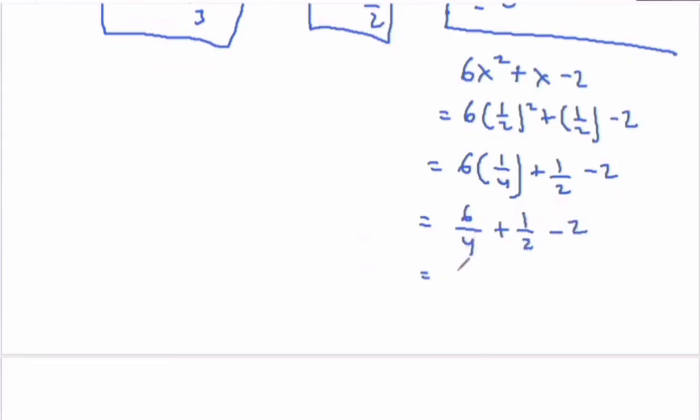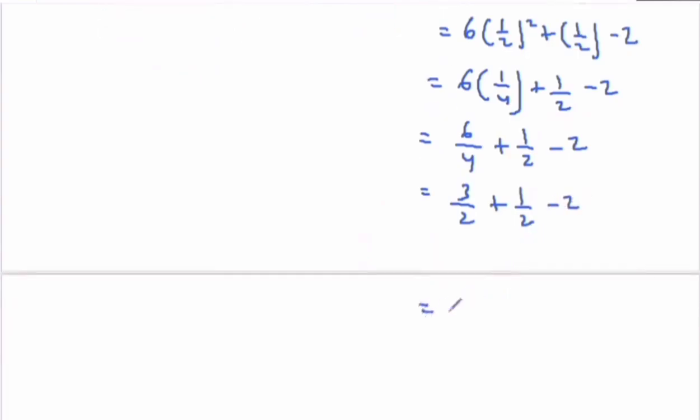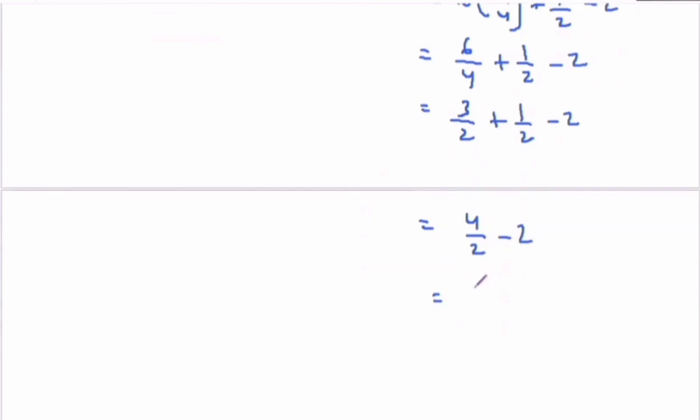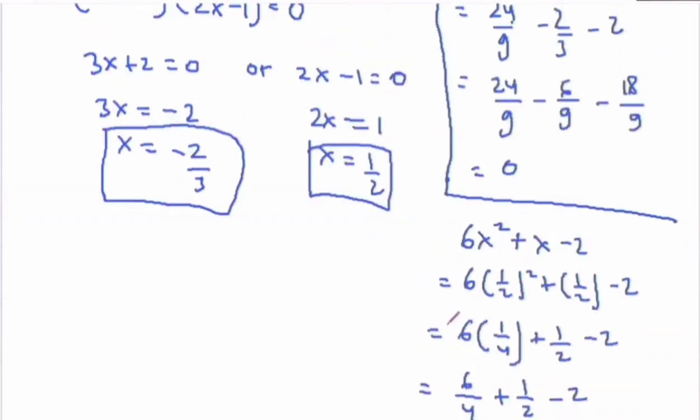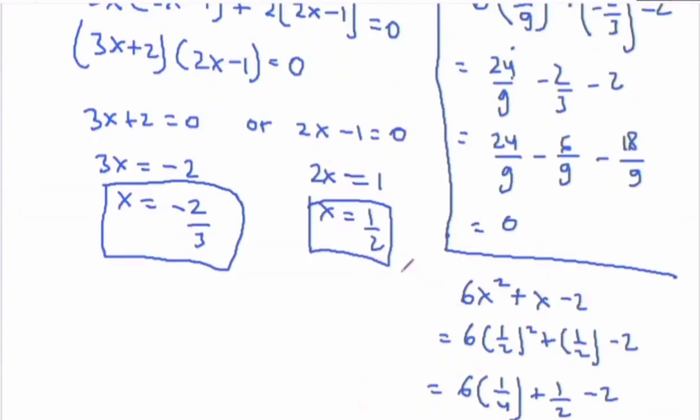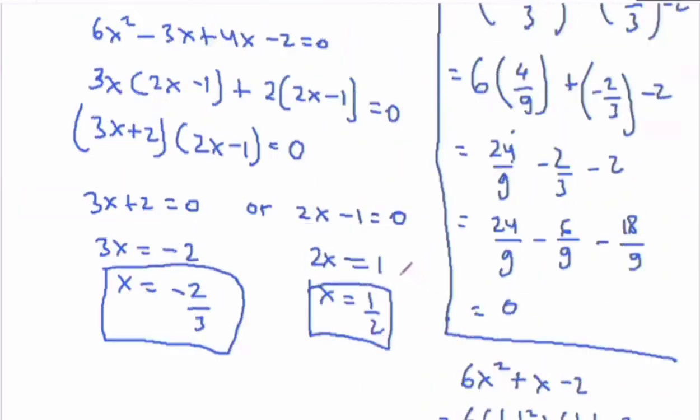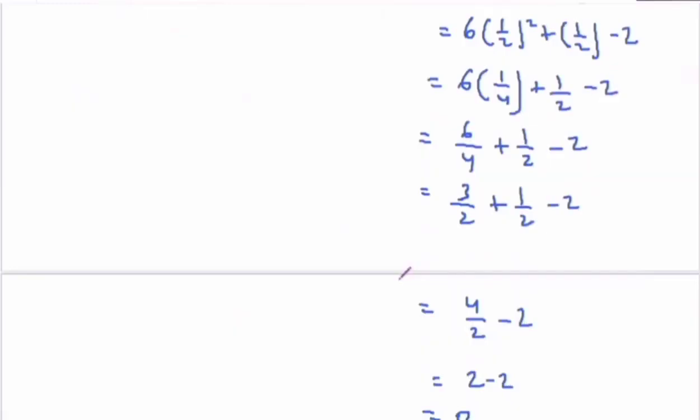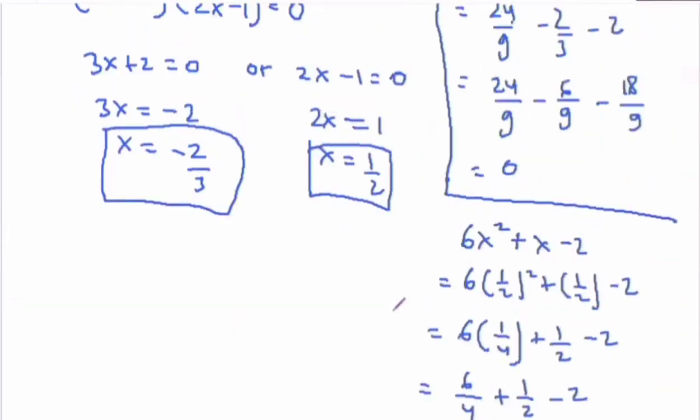That is 3 over 2 plus half minus 2. 3 plus 1 is 4, so 4 divided by 2 minus 2 is equal to 2 minus 2, which is equal to 0. Then we can say that x is equal to half is a solution of this equation. Thank you very much. See you in the next video.